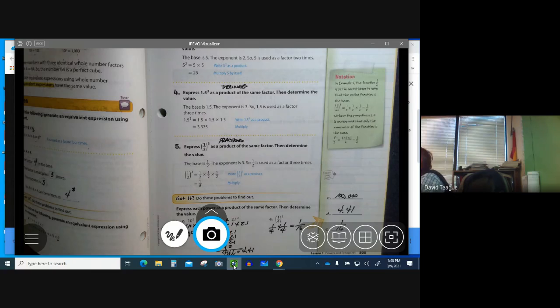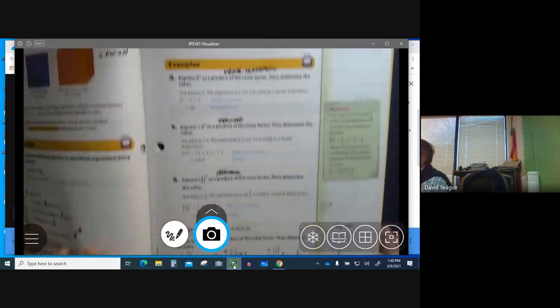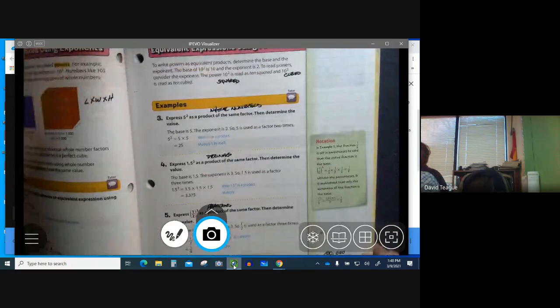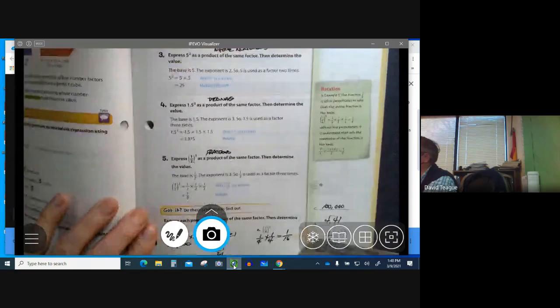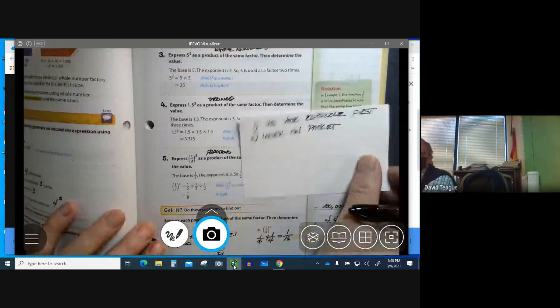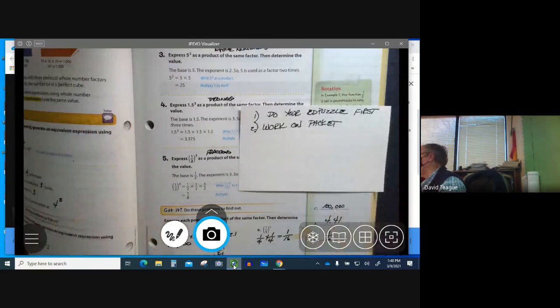If you've already done your Ed puzzle, then there's other stuff you can do in your packet if you haven't finished your packet. So go ahead and take the next 20 minutes, do your Ed puzzle in math, and then work on anything else you have left in your packet. Okay?